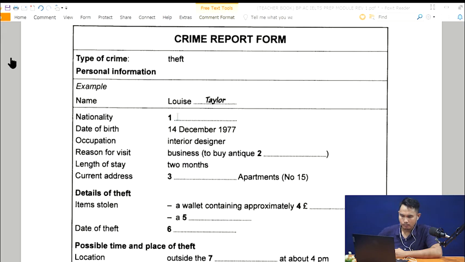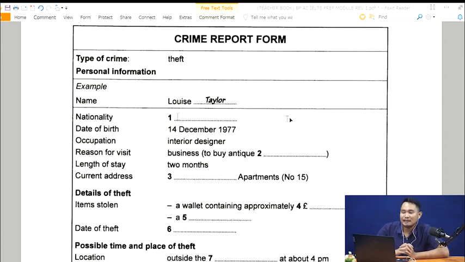So, may I ask where you're staying now? Well, at present, I've got a place at Park Apartments. That's on King Street. I was staying at the Riverside Apartments on the same street, but the apartment there was only available for 6 weeks, so I had to find another one. Okay. And the apartment number? 15. Right.